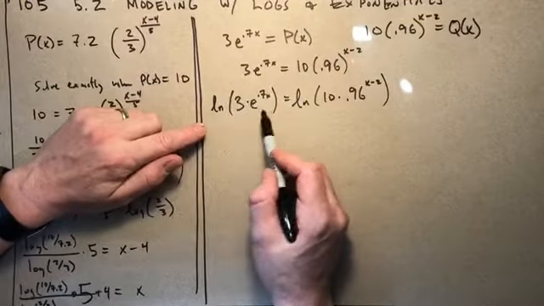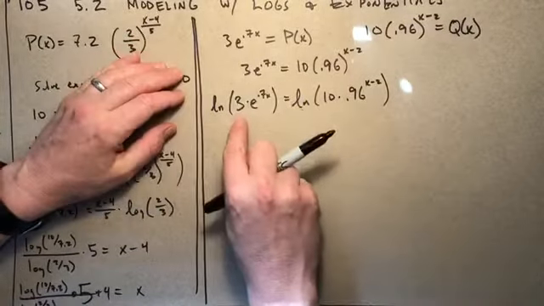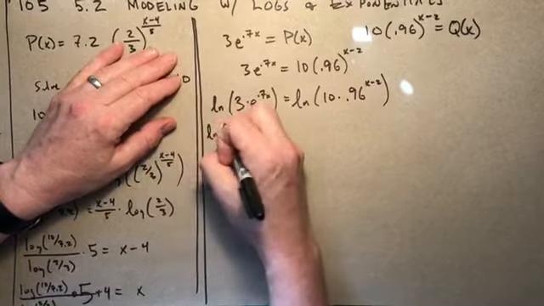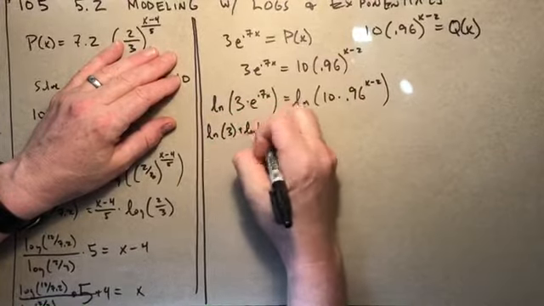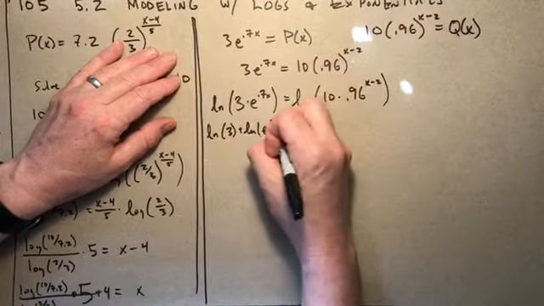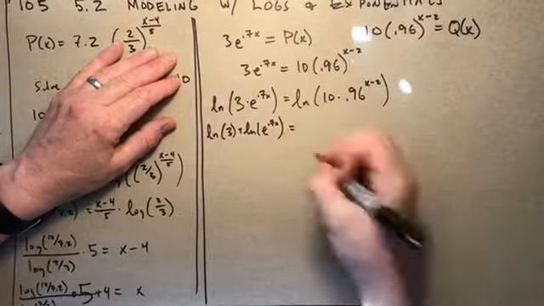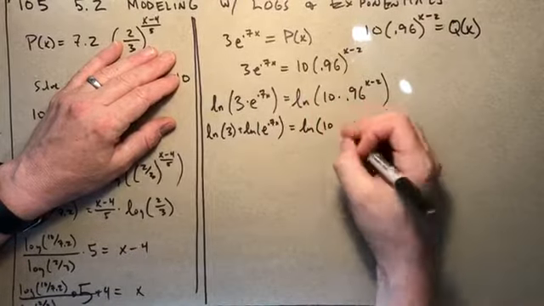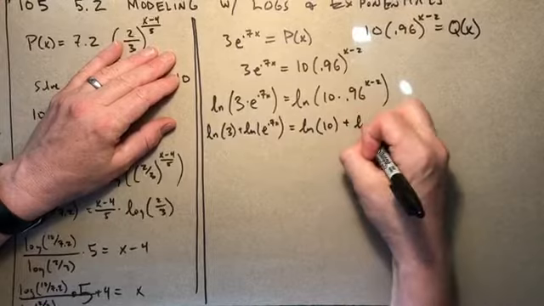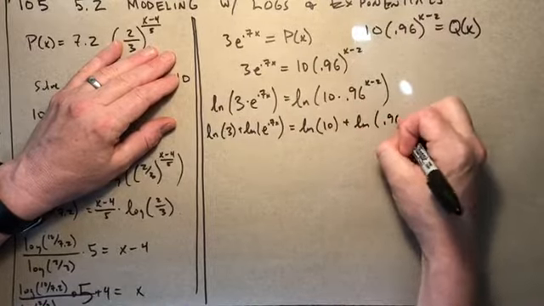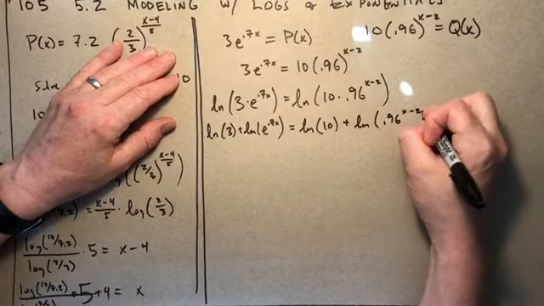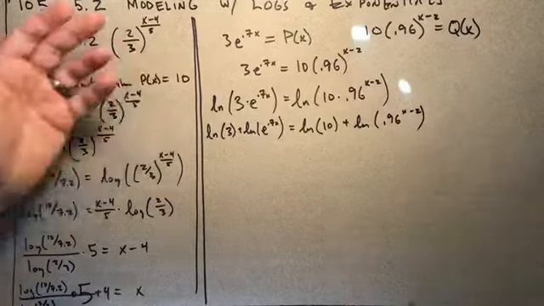I need to somehow split this up, and we can do that because I have a product. We'll write that as natural log of 3 plus the natural log of e to the 0.7x. And this will be equal to the natural log of 10 plus the natural log of 0.96 raised to the x minus 2. Let's keep going, friends.